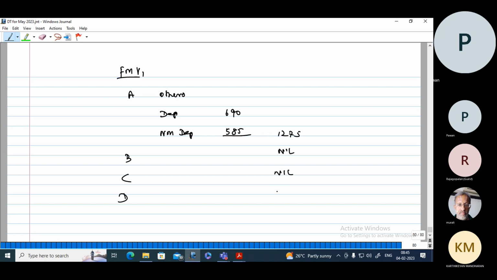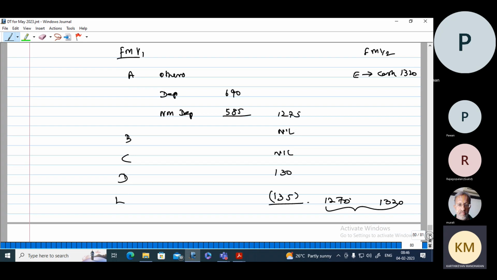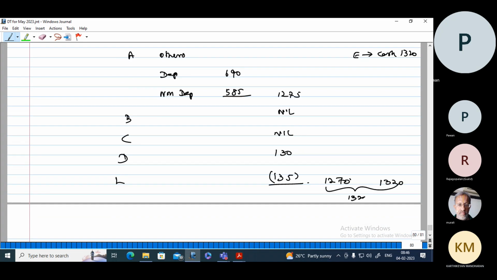D, 130. Then L, 135. 1270. FMV2, how much? 1320 under E. Higher of the two, 1320.